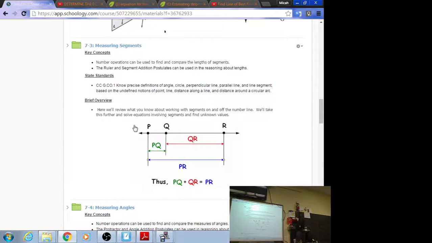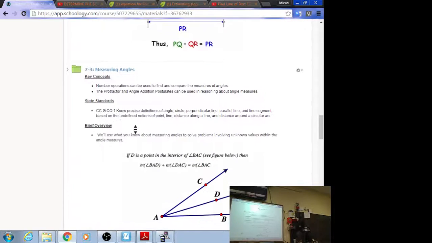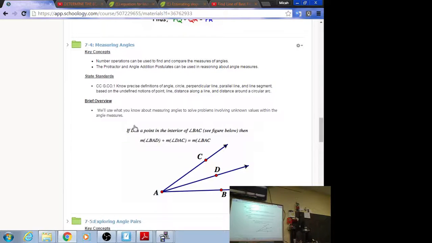So if you're given two different segments, or if you're given one and then not the other. How do we measure angles? So we can use protractors, or we can use given statements to do the algebra to solve these. Any questions from 7-4?